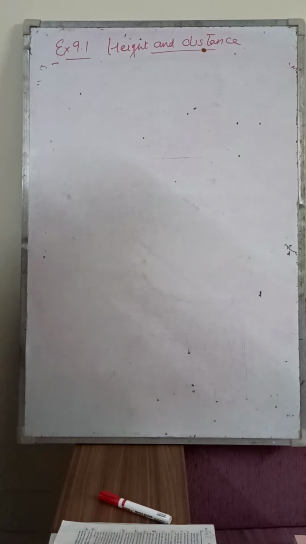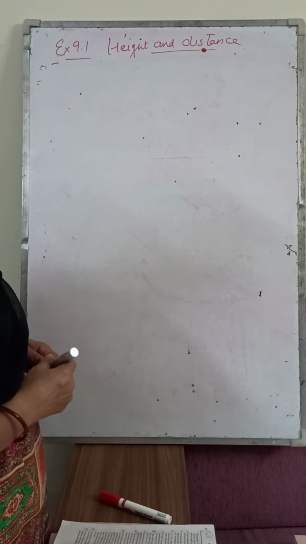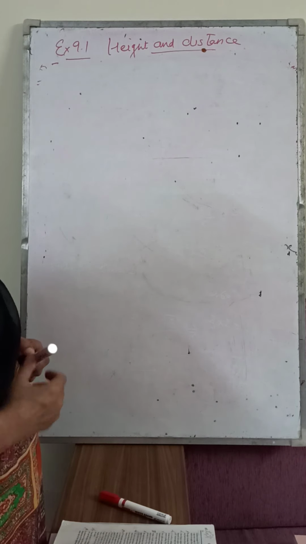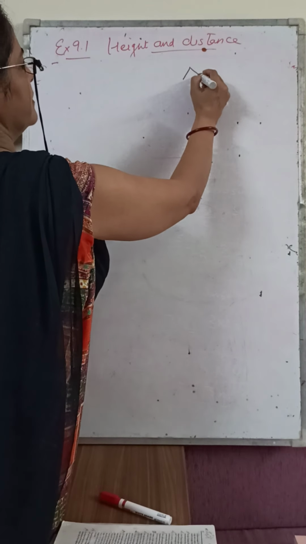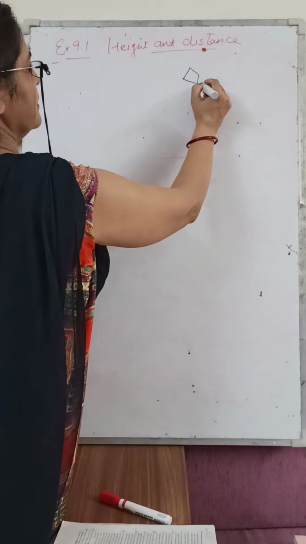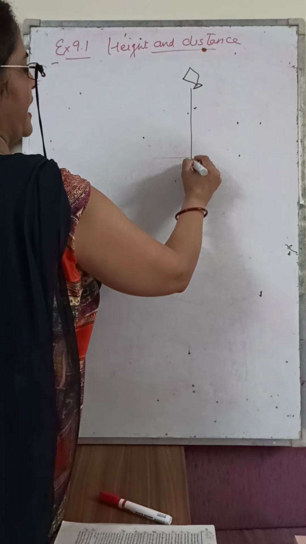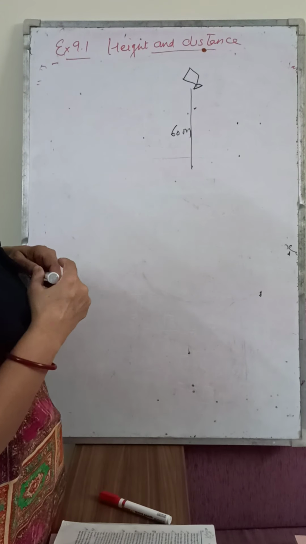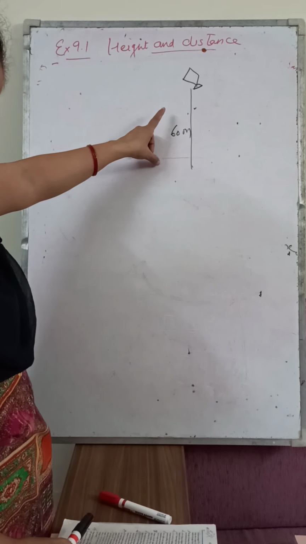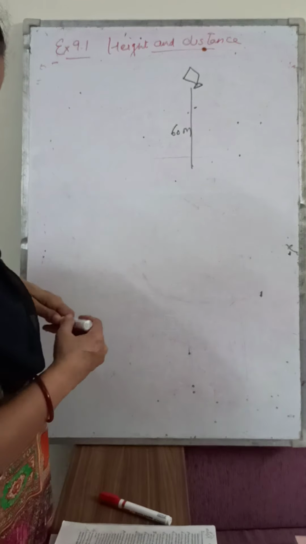See the statement. We have a kite, which is flying at a height of 60 meter. A kite is at a height of 60 meter from the ground.